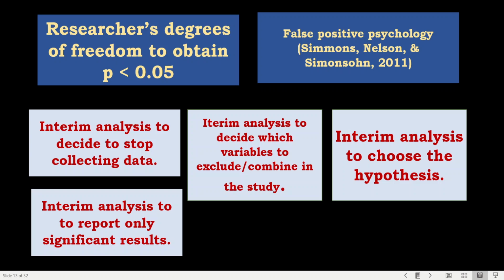But others are less formal measures, and one thing that researchers can do to increase their probability of obtaining a p-value lower than 0.05 is to do an analysis, and then, well, it's not convincing.